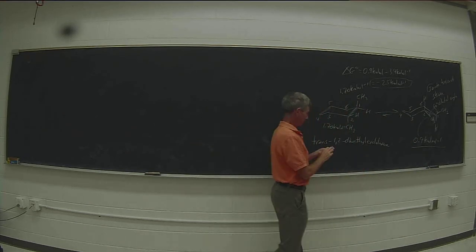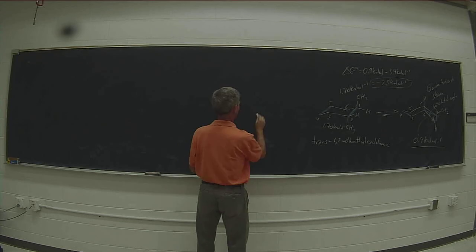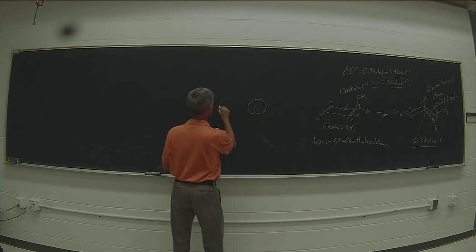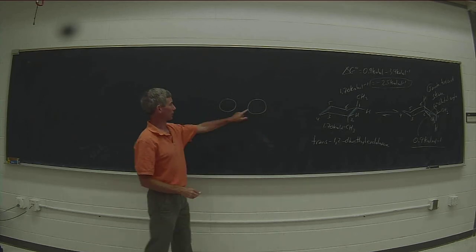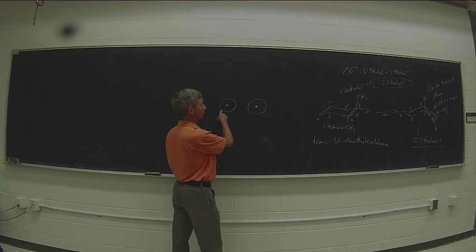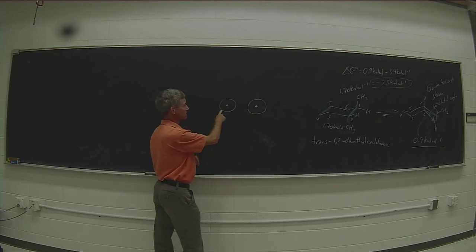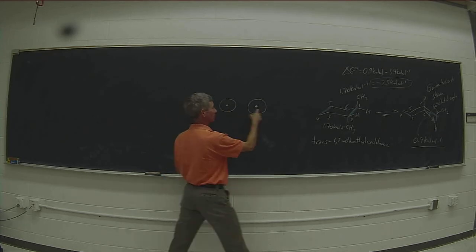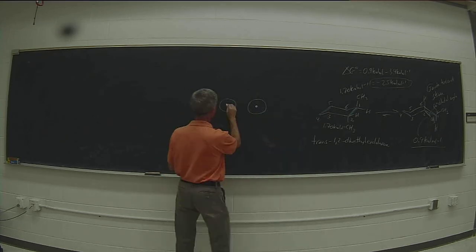So I'm going to draw my Newman projection, two adjacent circles, so that carbon 2 here is in the front, and carbon 4 is also in the front. Connecting the two front carbons is the bridge with carbon 3, and that's pointing up.